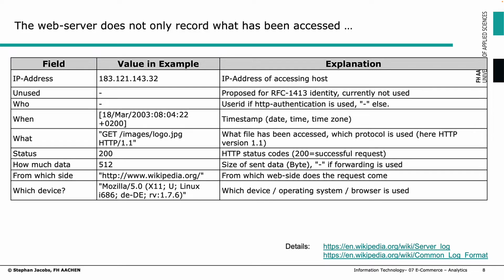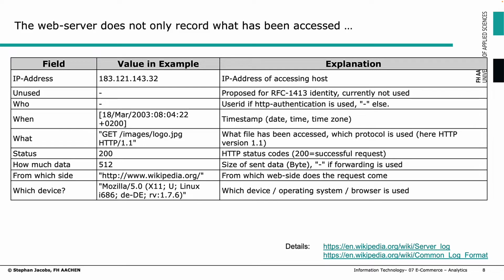This could be interesting. So for example, if the site is Google, then maybe somebody asked for your company or for your product and it has been shown in Google. Or he or she has clicked on an advertisement and this advertisement has been displayed and clicked on by the user who has sent this GET request.